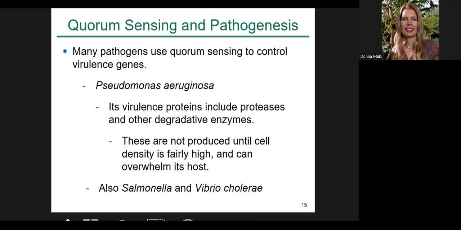So 50 soldiers versus 5,000, it'd be better to attack when there's 5,000 of you. Then you have a chance. And so that's what we mean by this group behavior that's beneficial. They can't really do that behavior when there's too few of them. It doesn't really help them in any way. But if there's a lot of them doing it all at the same time, then they can coordinate and hopefully be successful.